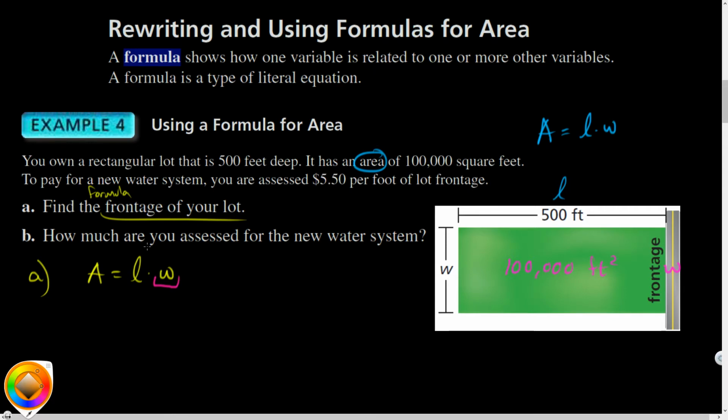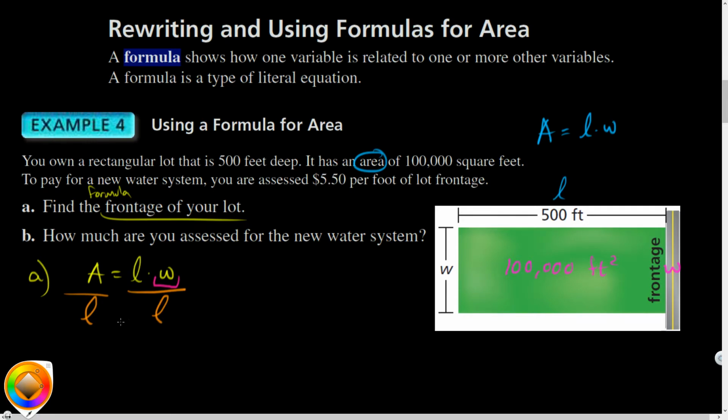How could I rearrange this formula so it's solved for W? Now notice there are no numbers in this formula. All right, guys, quiet. Listen to me. There are no numbers in this formula. Any variable besides W, I'm going to pretend is a number. How would I get W by itself? No, you're still talking numbers.